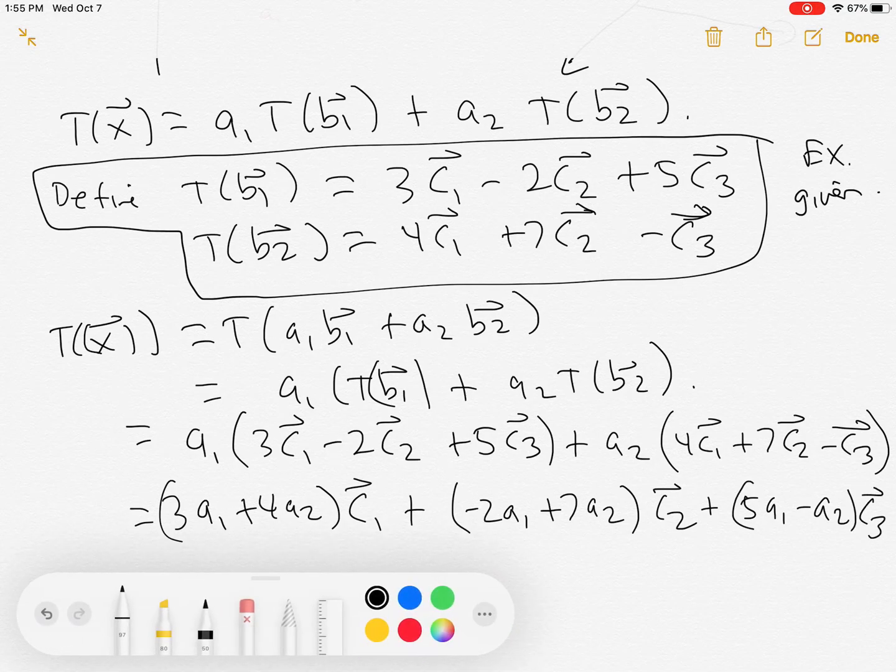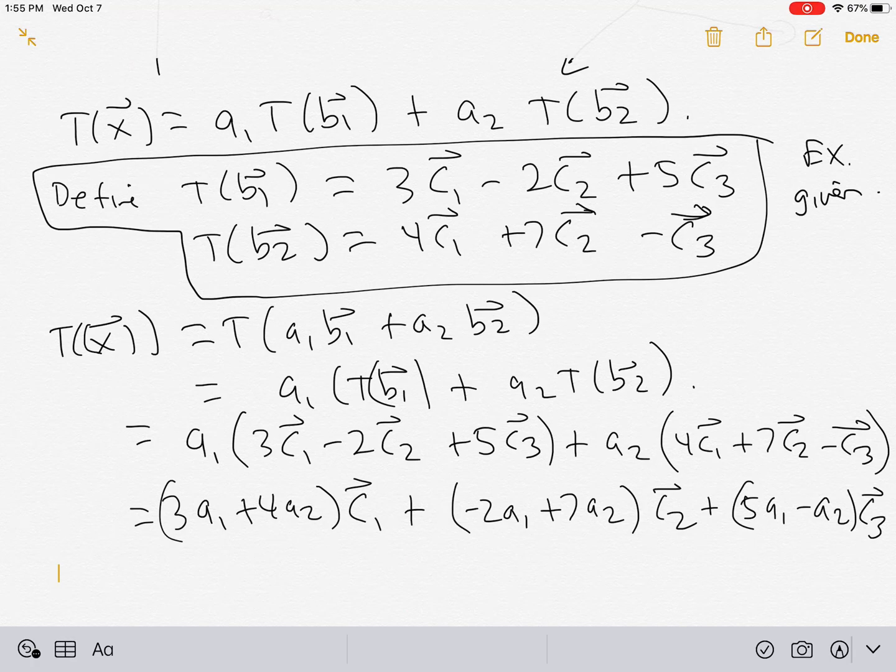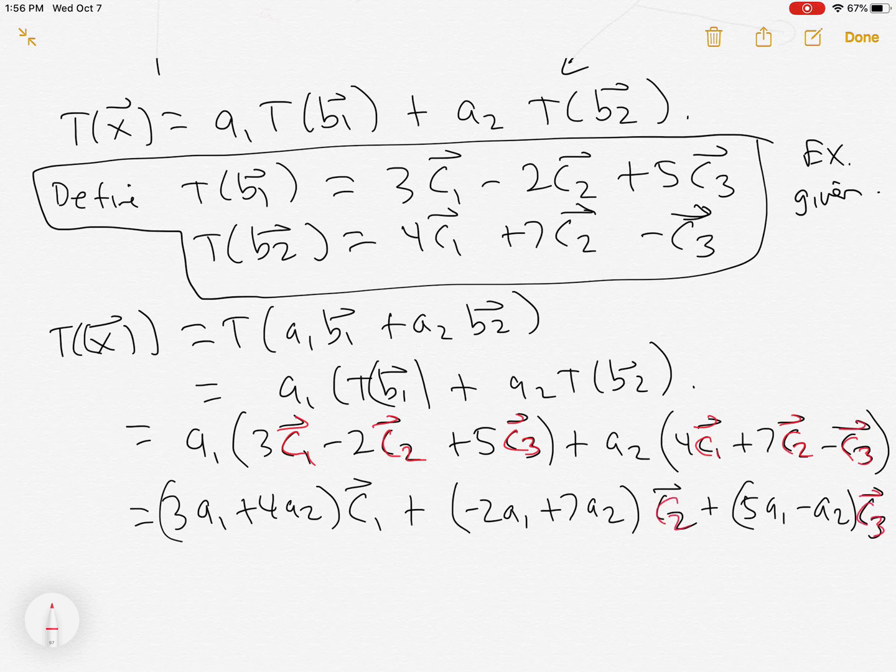I want the c vectors to all be in red, just to make it clear where we're at, because we're now in W.